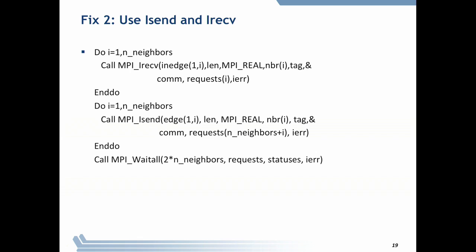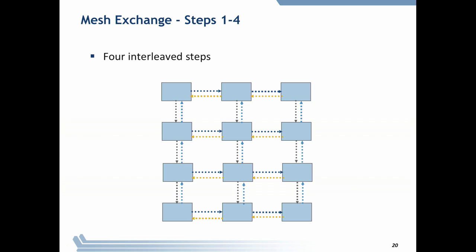Okay, so go back here. So the fix was just to bite the bullet and do the ISEND for all the communication. Then essentially, all 4 steps look like this, where you're using all of the links at the same time.